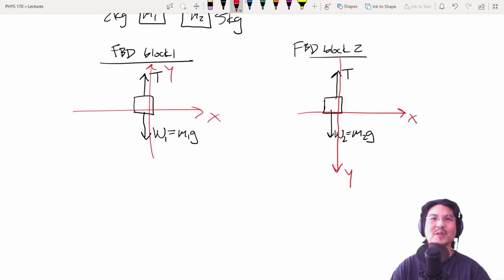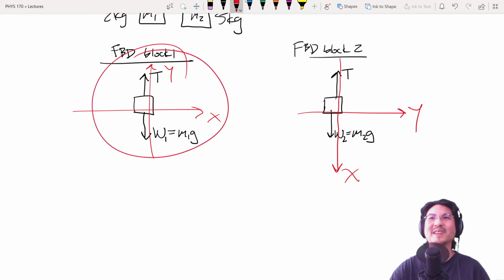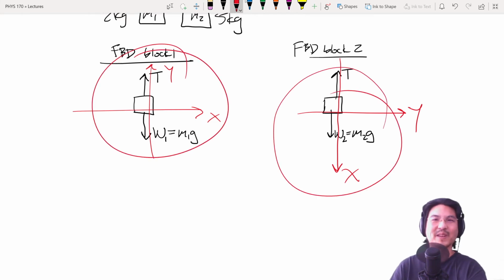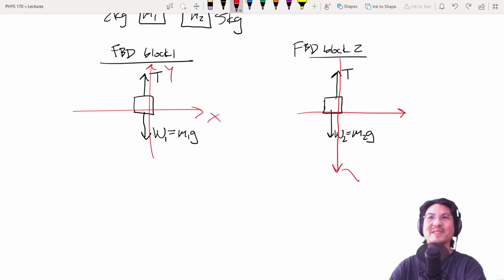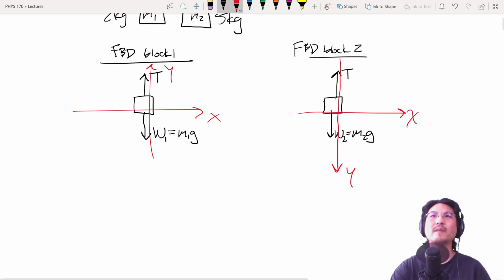You can draw your coordinates however you want, because everyone has that freedom, right? For example, you could say, no, I want to make this x, right? So block 1 is moving in the positive y, block 2 is moving in the positive x. That's totally fine as well. There's no wrong choice for coordinates. So this is just personal preference. Okay, so that's step 2.